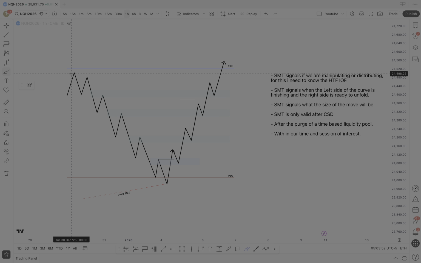You're going to see a high SMT form on this high right here. That's going to be used to distribute lower or manipulate in this instance. So every SMT that occurs on these swing highs in these SIBIs, we know is used to distribute lower.